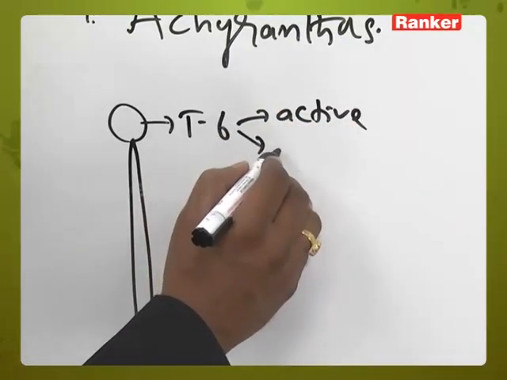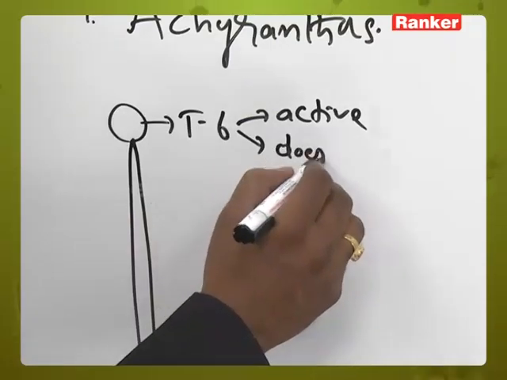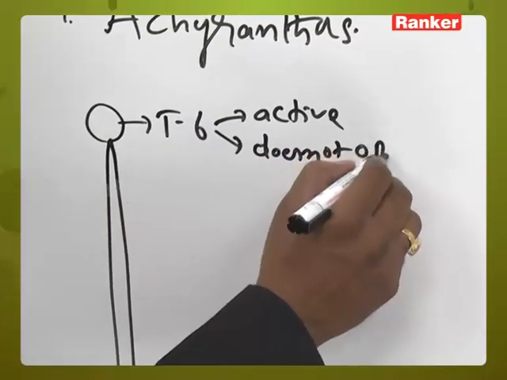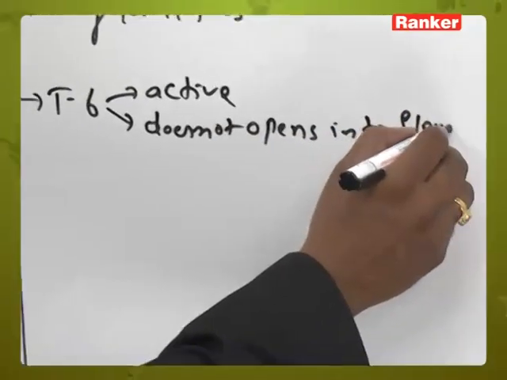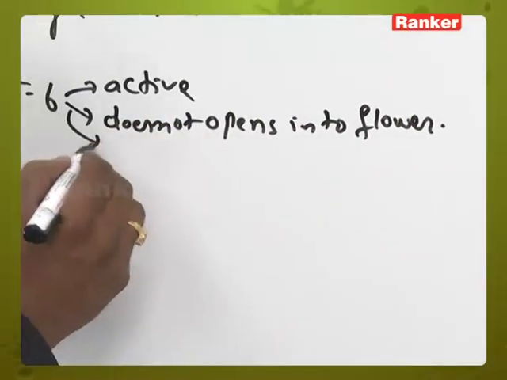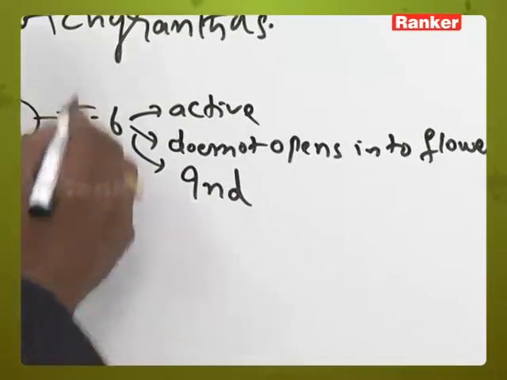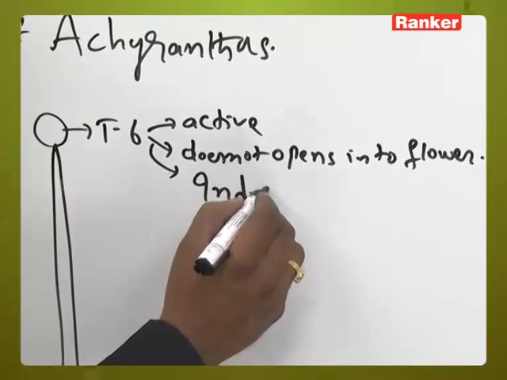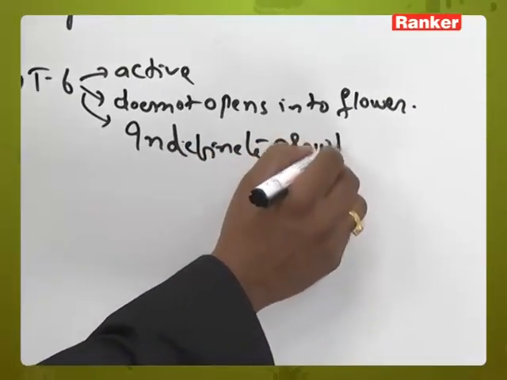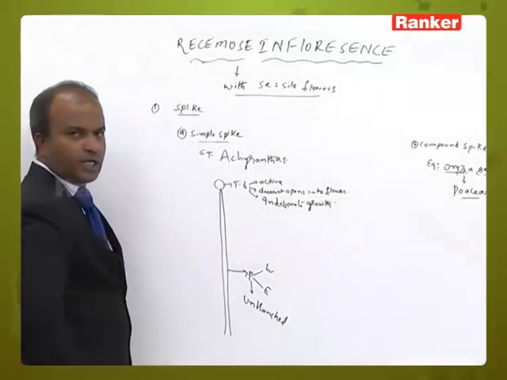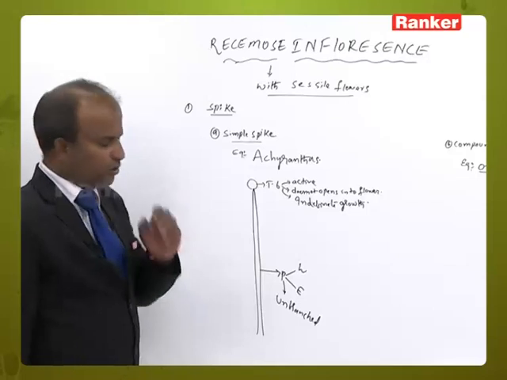Whether it opens into a flower? No, it does not open into a flower. Whether it shows definite or indefinite growth? As this terminal bud grows continuously, it shows indefinite growth.